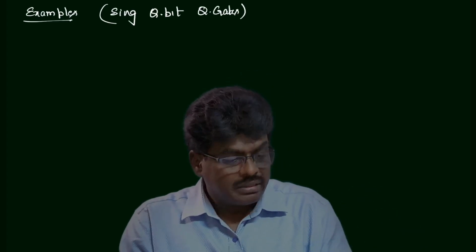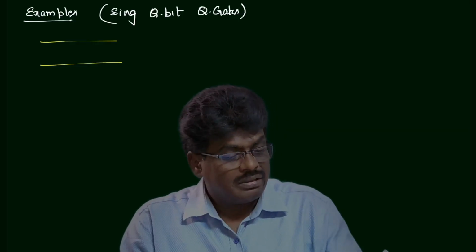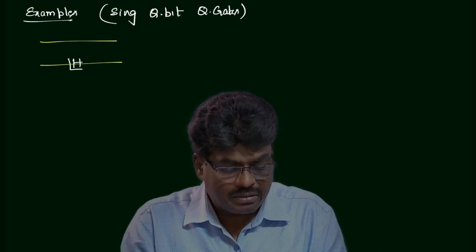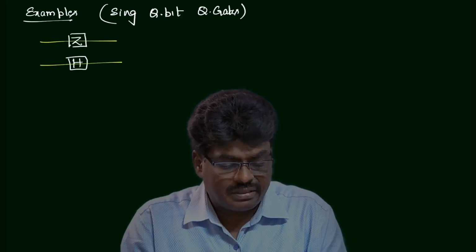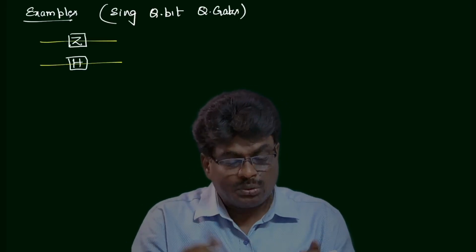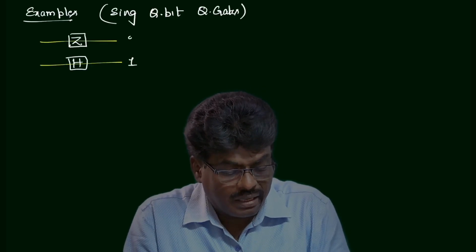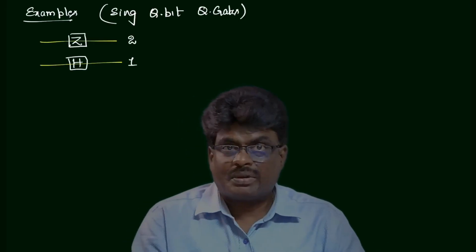Now first one, here I have two qubits I am taking. Okay. So here I have H, and let us say this is a Z. So please use our notation. Two qubits are there, so that's why here I am taking 1 and 2. Observe carefully.